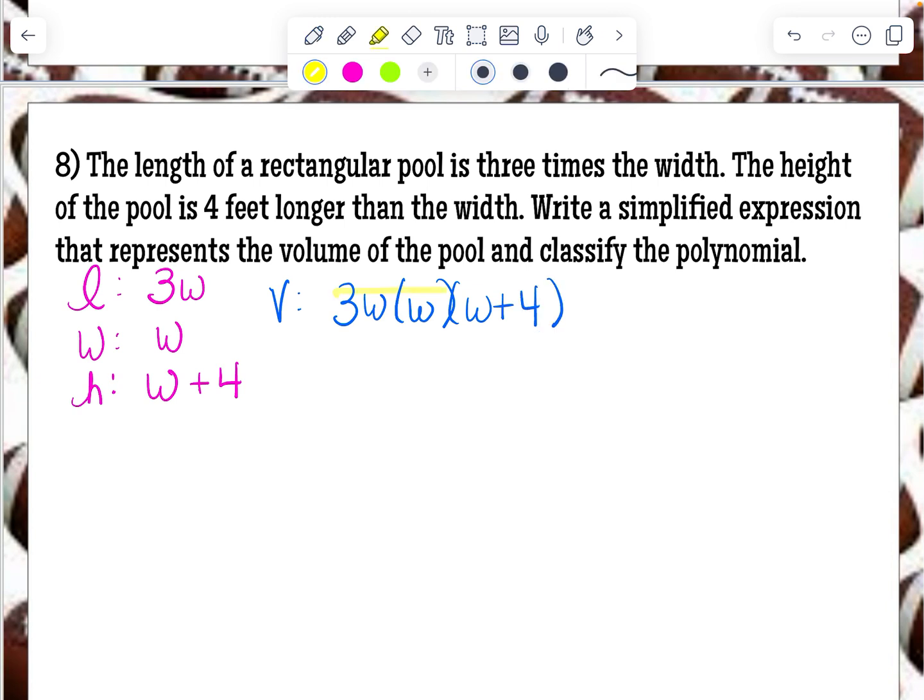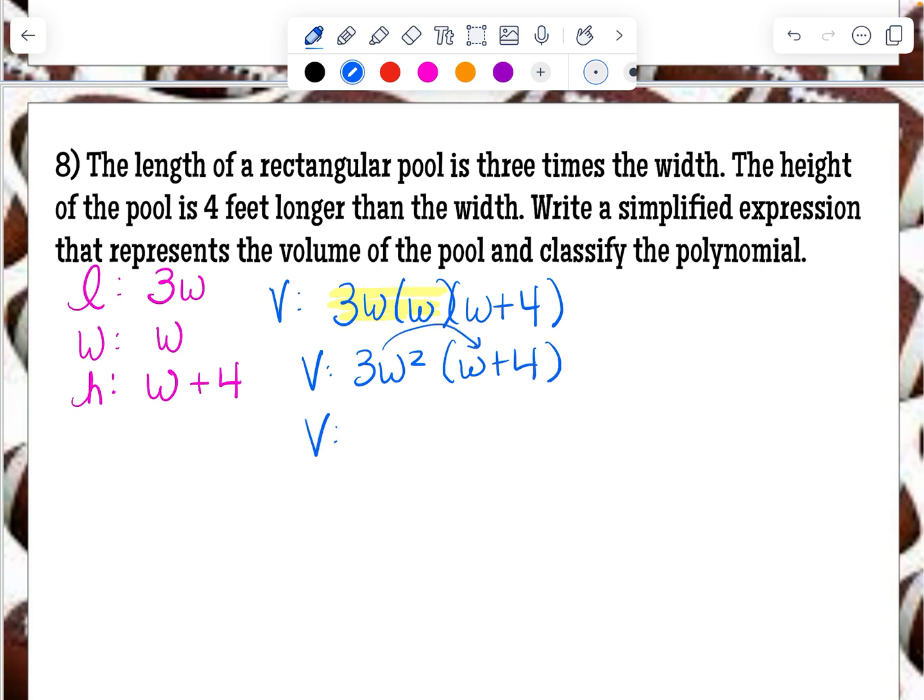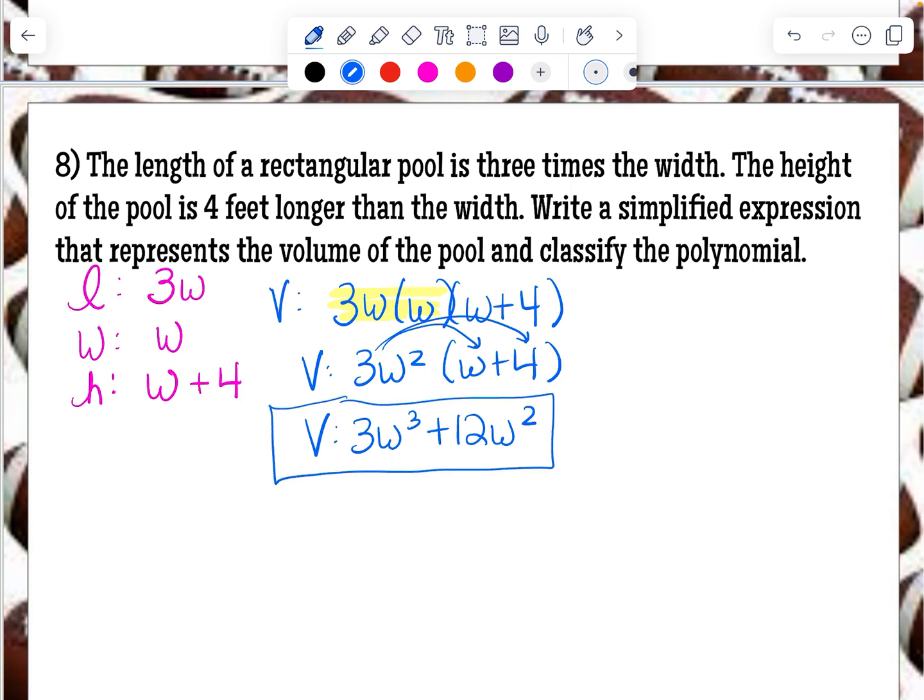So I'm going to multiply these first two first. 3w times w is 3w squared times w plus 4. So my volume is equal to 3w cubed plus 12w squared. The degree of the leading term is 3, so that is a cubic, and it has two terms, so cubic binomial.